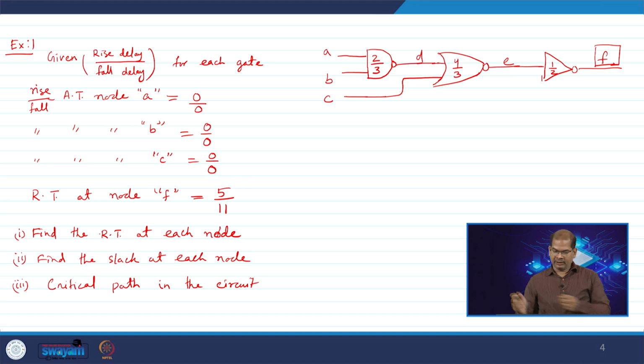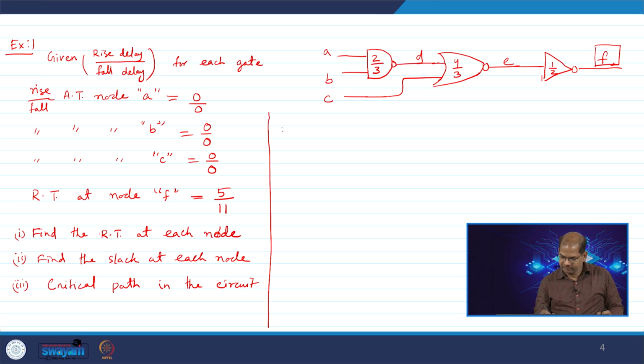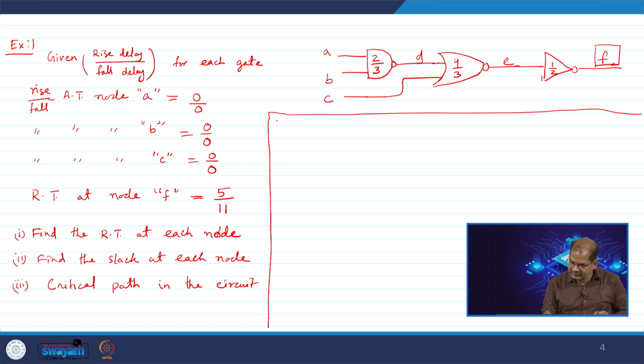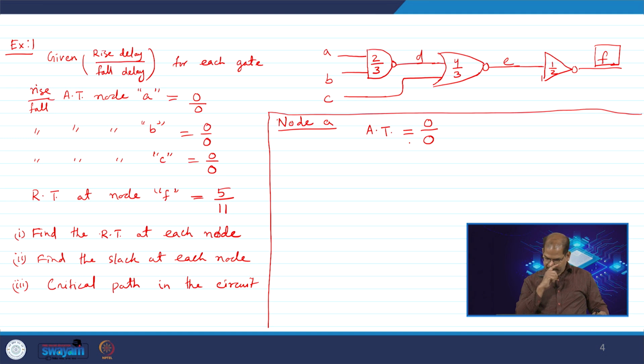Now I will solve some part here and some part on the second slide. I will start with node A. For node A, the arrival time is given to me. Whenever I write arrival time, it is not a division: the top one is the rise arrival time, and the bottom one is the fall arrival time.